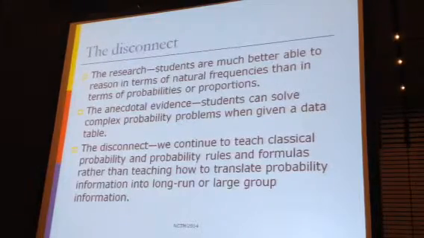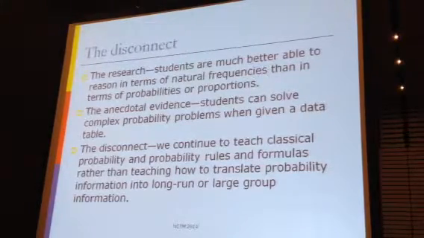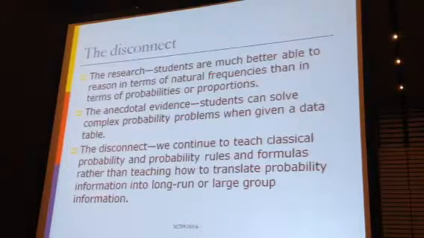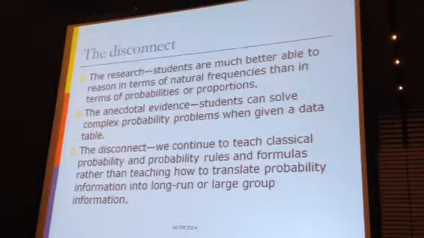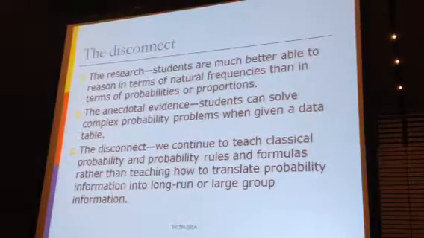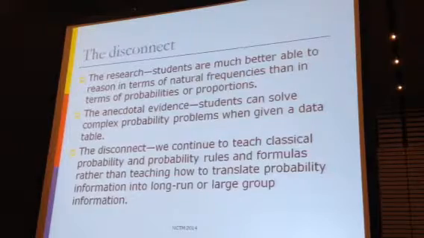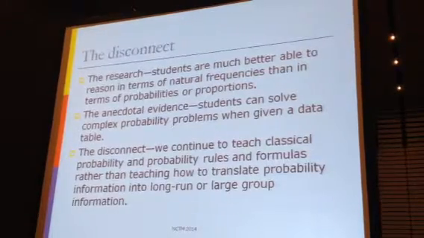We start there because we think that's easier for kids, but they're all in this classical setting of equally likely outcomes. And I think that's where the idea that all outcomes are equally likely sometimes gets cemented in kids' brains, and it's very hard for them to let go of that when we move along.